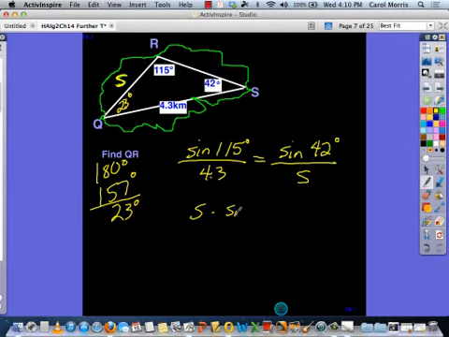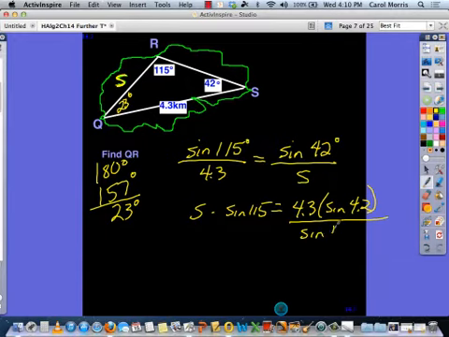S times the sine of 115 has to equal 4.3 times the sine of 42, divide, and we get the sine of 115 as our dividing value. So S is going to equal that calculation.